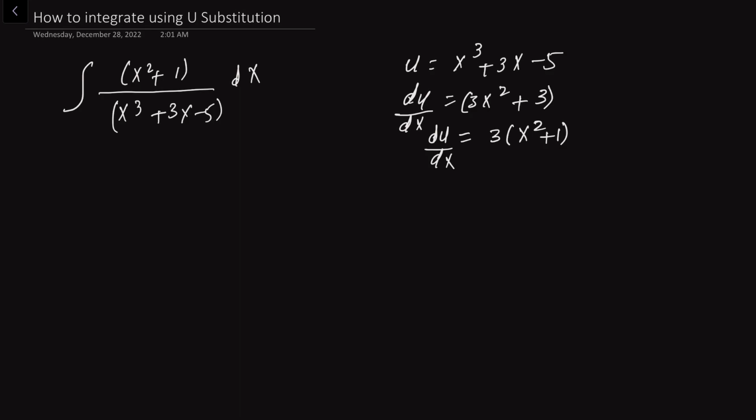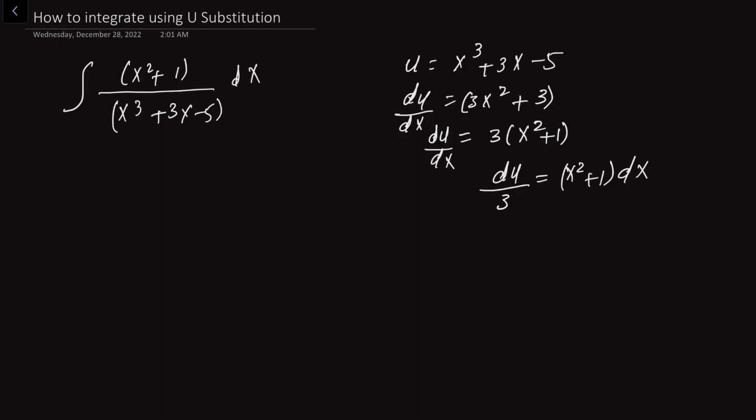We want to get just the du, so we multiply both sides by dx and divide both sides by 3. So du over 3 equals x squared plus 1 dx. Now let's come back and do the substitution.